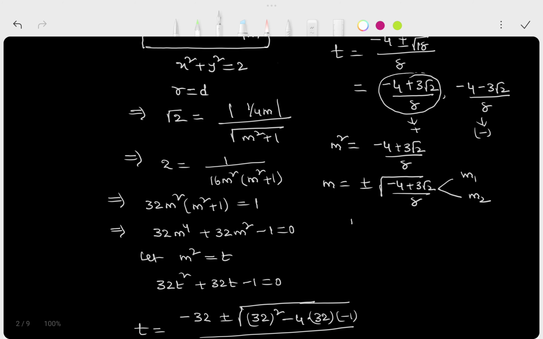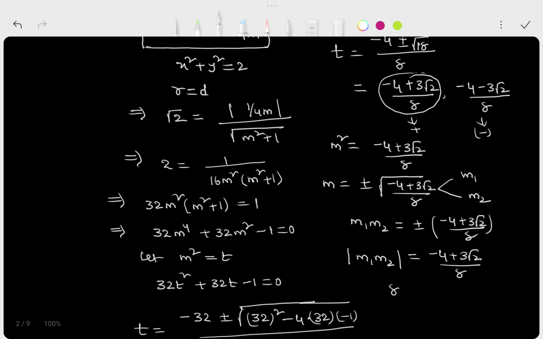Then m1 into m2 is equal to plus or minus minus 4 plus 3 into root 2, whole divided by 8. Taking the plus or minus to this side, it becomes the modulus of m1 into m2, equal to minus 4 plus 3 into root 2, whole divided by 8.